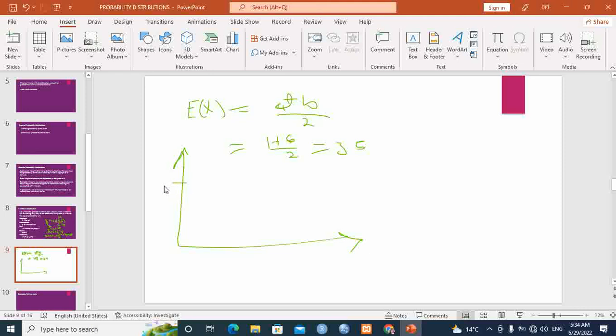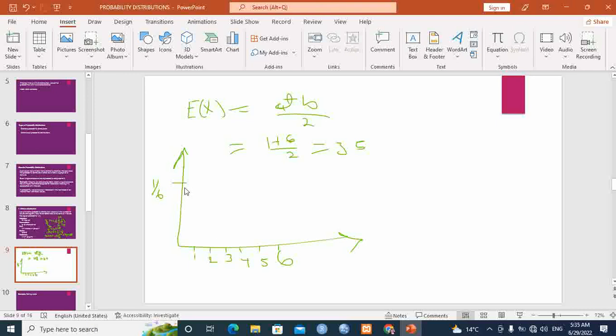All of them are at 1 out of 6, right? So we can get 1, we can get 2, we can get 3, we can get 4, we can get 5, and we can get 6.